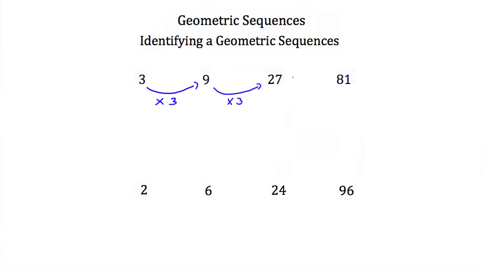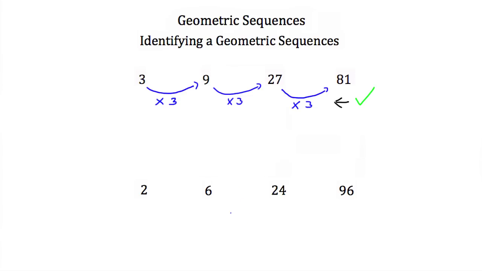Now if we take this third term and we multiply it by 3, we get 81, our fourth term. Now because each term is increasing by being multiplied by the same number, in this case 3, that means that this is indeed a geometric sequence.